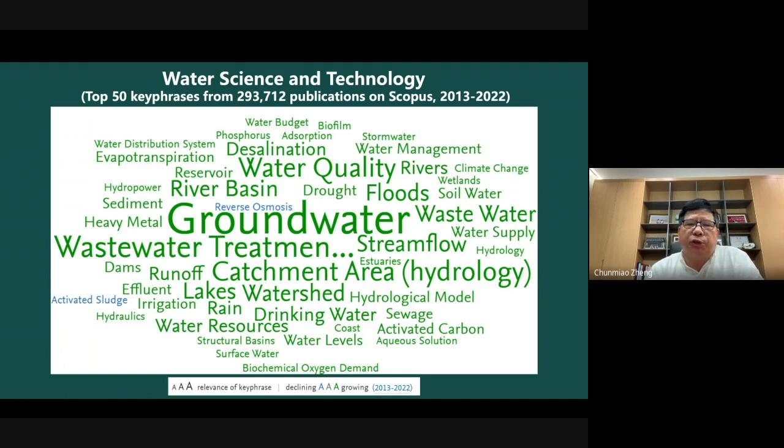So for researchers, groundwater has been recognized as a very important topic, but because it's hidden and invisible to the public, they may not realize how important groundwater is. But at least for the research community, groundwater is a very important topic in water science.